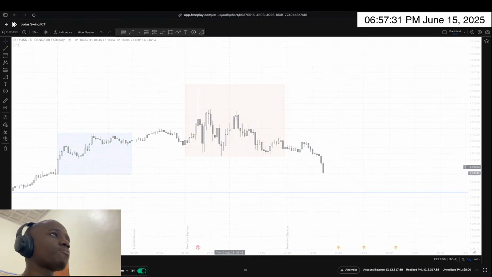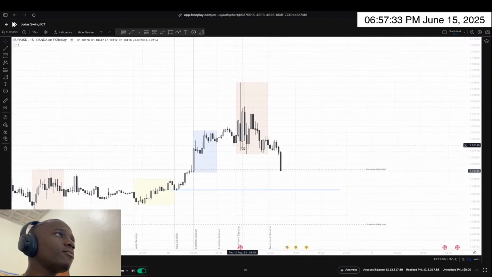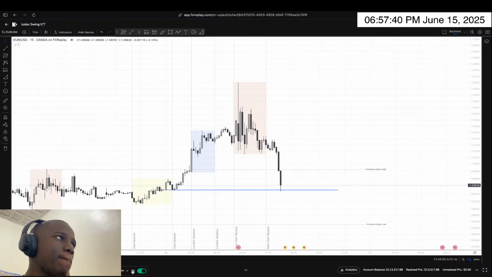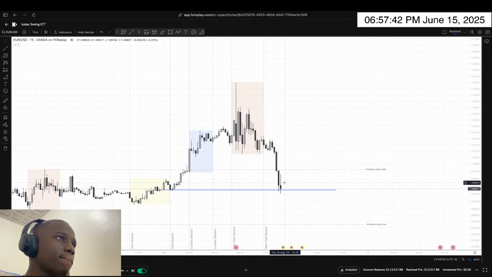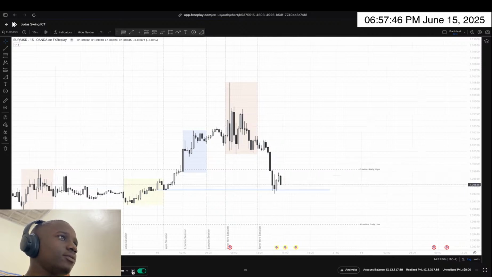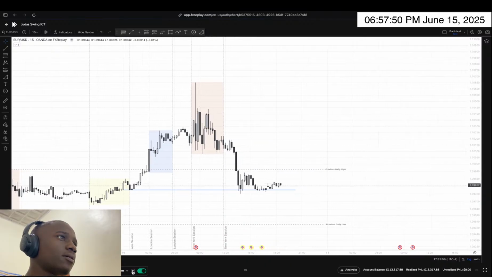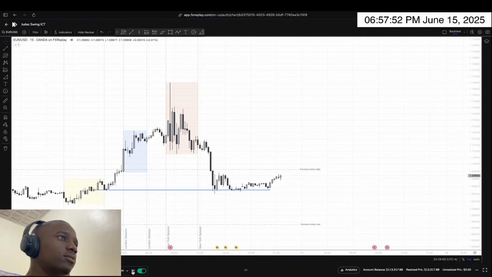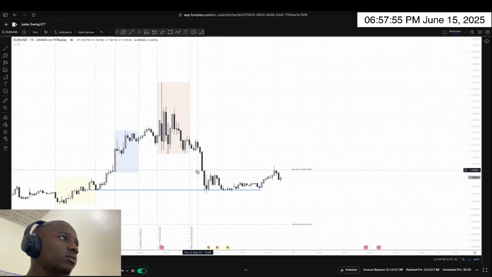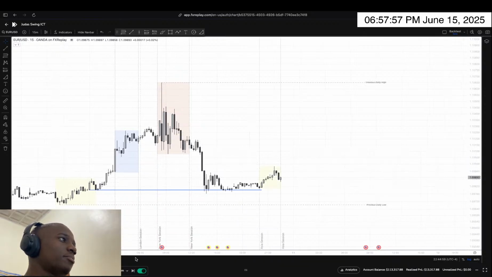Okay, now this will make sense. CPI did this, shifted structure here, and we returned back to the daily open. And we get a retracement into this gap.